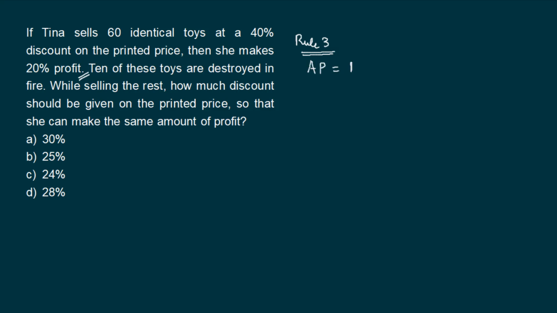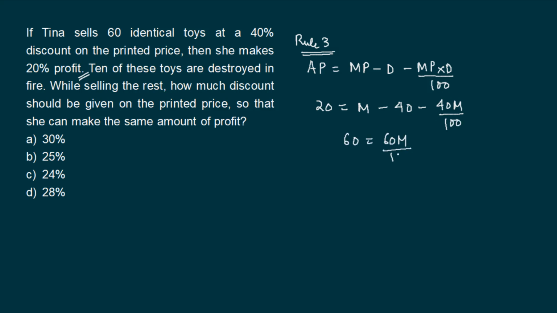Actual profit is marked price minus discount minus MP into D by 100. Actual profit made by Tina is 20%. Marked up we don't know. Discount offer 40% minus 40 M by 100. So 60 equals 60 M by 100. M is 100%. She marked up everything by 100%.